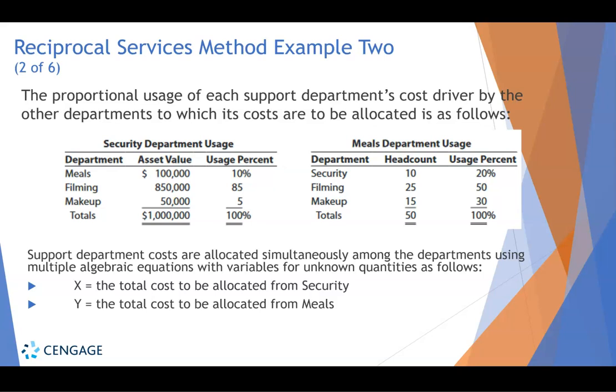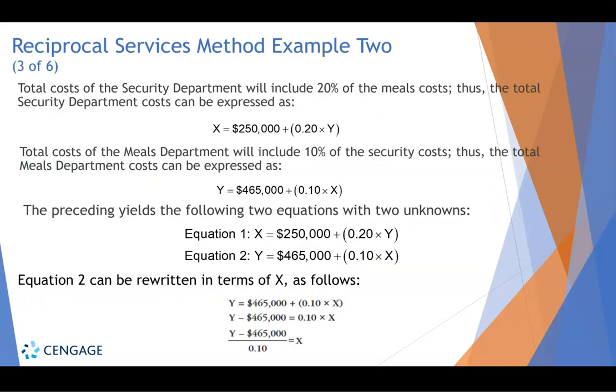Since department costs are allocated simultaneously among the departments, X is going to be the cost allocated to security, Y is the cost allocated to meals. Total cost of the security department will include 20% of the meal costs. So security department equals their cost, $250,000, plus 20% of Y. Total cost of the meal department is going to include 10% of security costs.